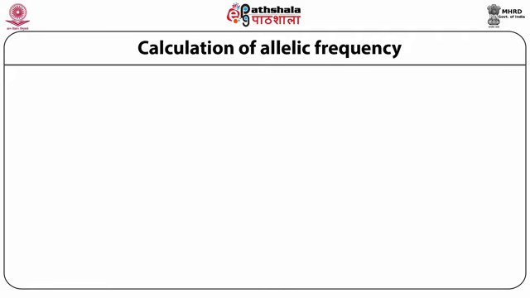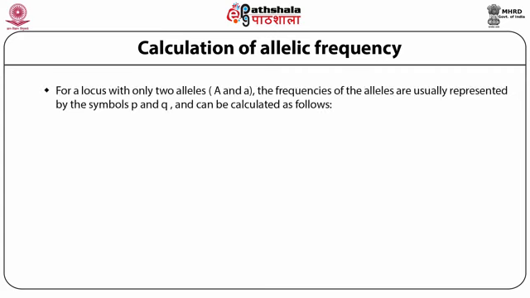For a biallelic locus, that is, a locus with only two alleles called capital A and small a, the frequencies of the alleles are usually represented by the symbols p and q. Based upon the number of genotypes, they can be calculated using the following formula.